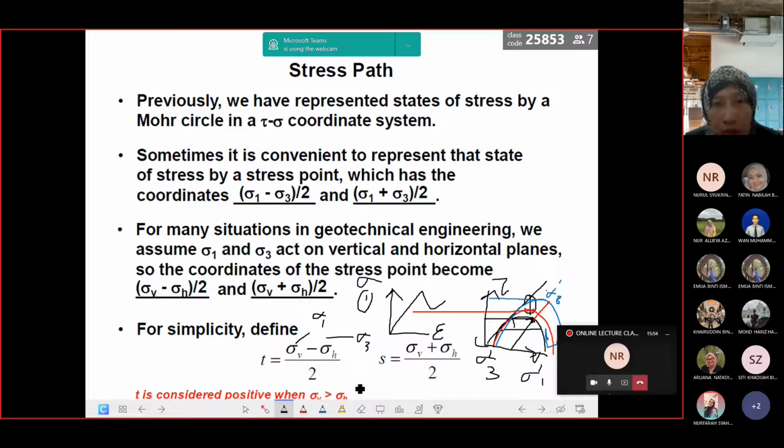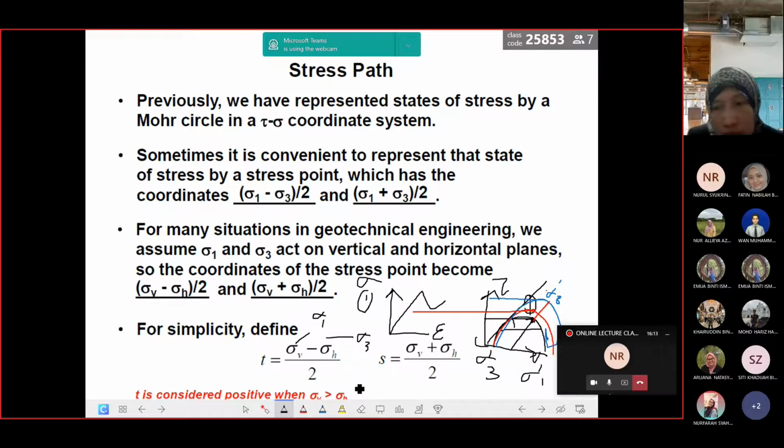the ideal way is that we try to present the stress point using a different coordinate. So we no longer use the Mohr circle. With the Mohr circle, you usually plot the circle, you know where sigma 1 is, where sigma 3 is, where the center of the Mohr circle is, and then you can plot.